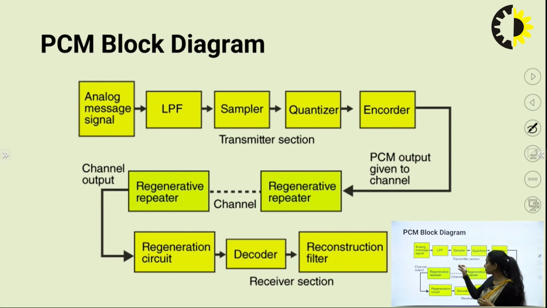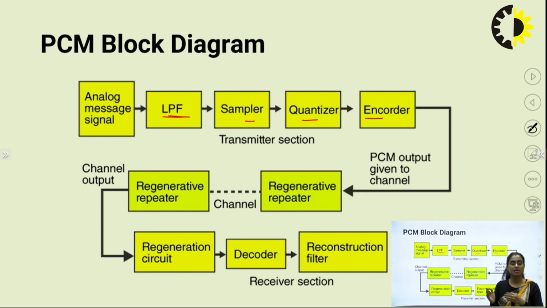So at my transmitter, I am using a sampler, a quantizer and an encoder. And we know that for my analog signal to be sampled, it has to strictly follow the sampling theorem. So in order to prevent my signal from the aliasing effect, I will be using a low pass filter here, which can also be called an anti-aliasing filter.